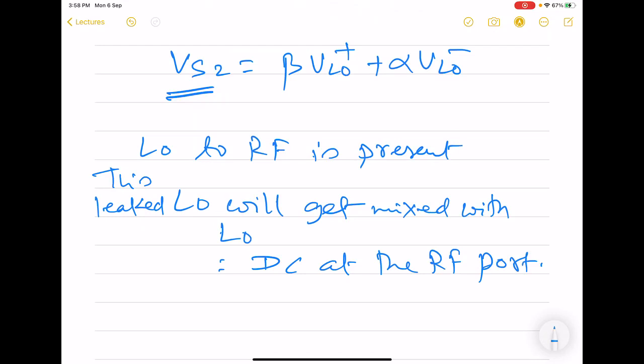So LO self mixing leads to DC. So this is undesired, and this one gets sorted out in double balanced mixer, where even the RF port is differential.